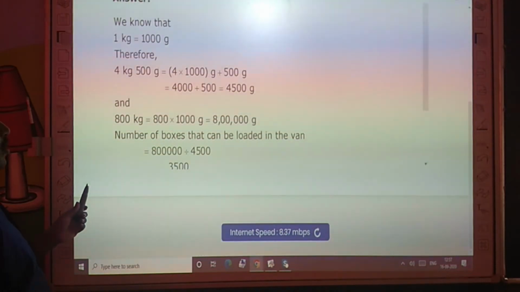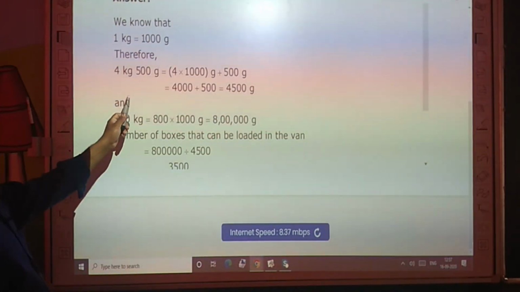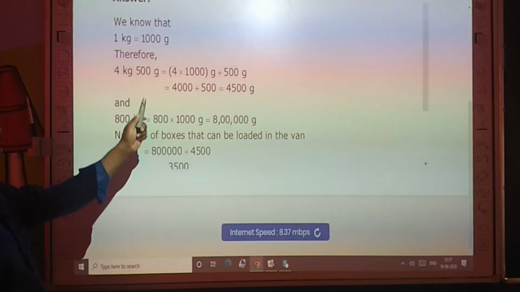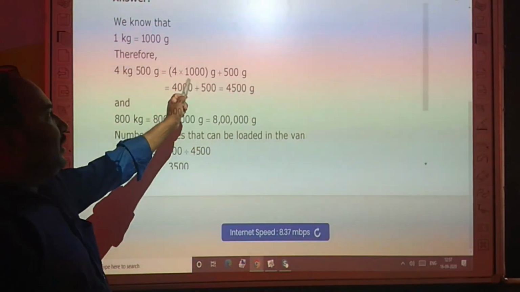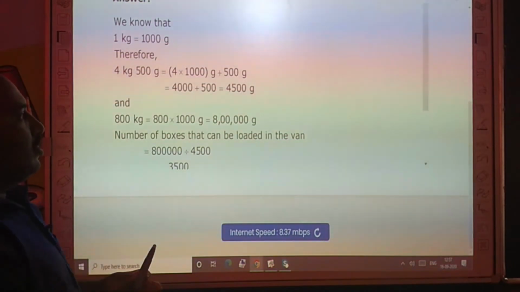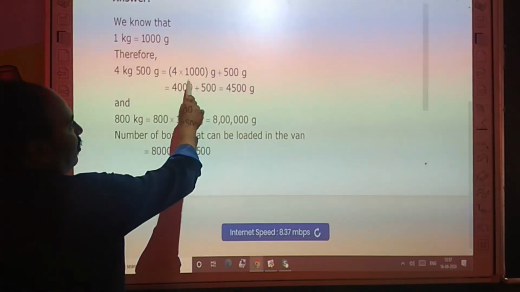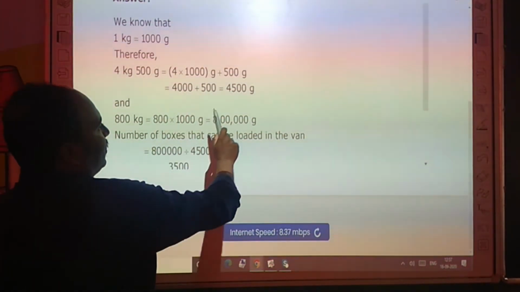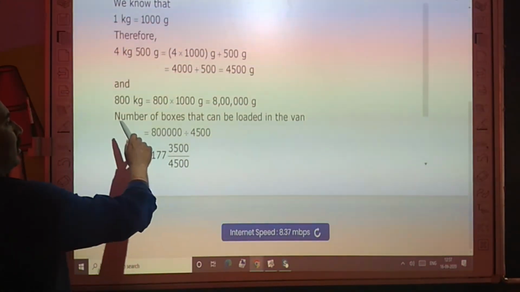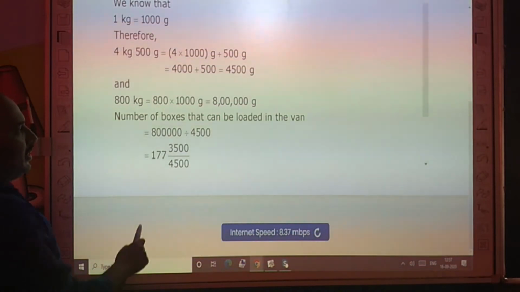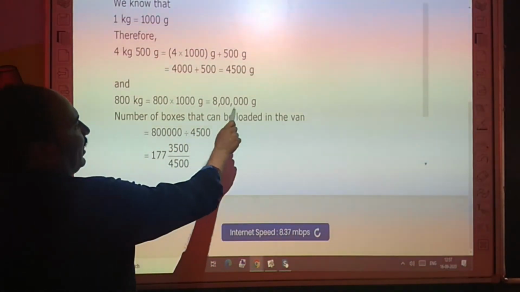Therefore, 4 kilograms 500 grams, converted to grams, is 4 into 1000 grams plus 500 grams. 4000 plus 500 is equal to 4500 grams, and 800 kg is equal to 8 lakh grams.